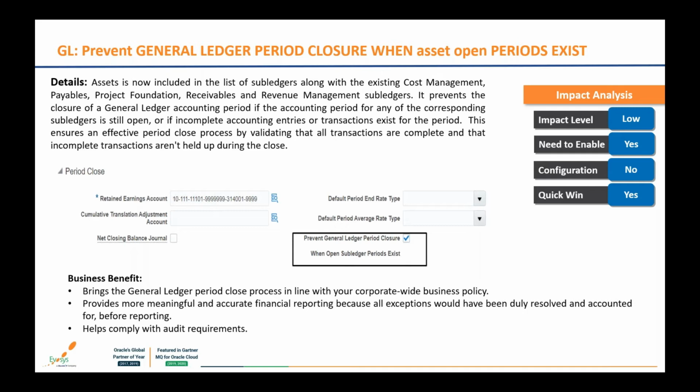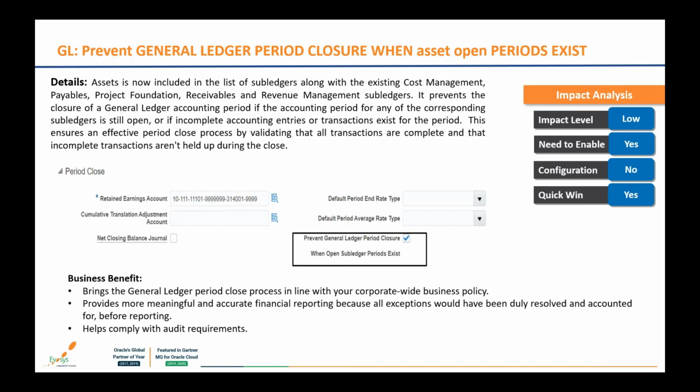Now what will it require from the UK perspective? What we have seen in UK-based organizations is that we keep our fixed asset period open until later in the year, just to make sure the revaluation figures are carried out and all those processes are completed in the system, and then they close the GL period.